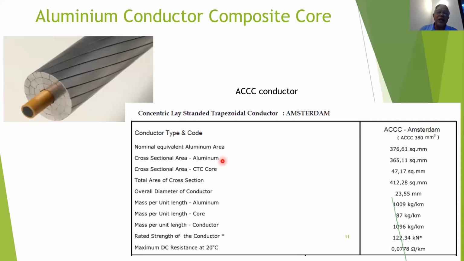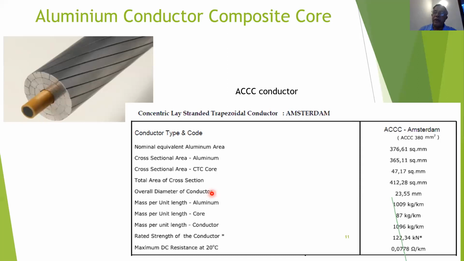and cross-sectional area of aluminium, and cross-sectional area of the core, composite core. So composite core is this one, and that composite core takes the stress of the conductor when that is put on the line.